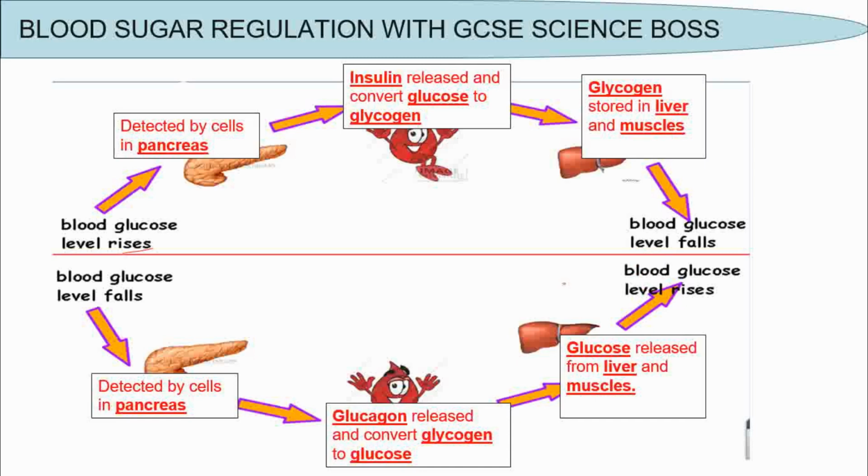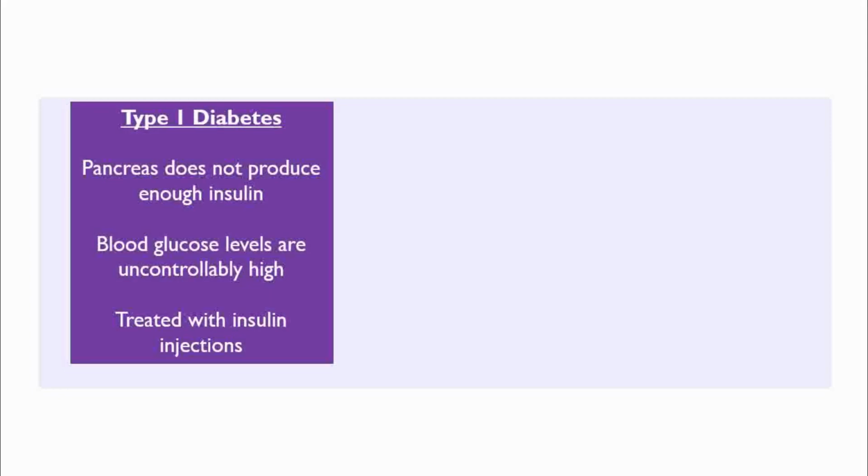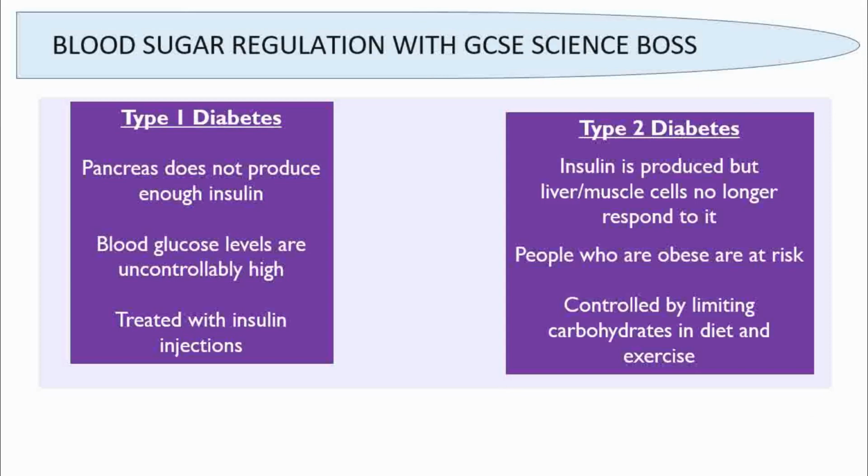However, there are instances where your body cannot regulate its blood sugar level, and that is called diabetes. There are two types of diabetes, type 1 and type 2. In type 1, your pancreas does not produce enough insulin, so your body cannot regulate its blood sugar level, and that is treated with insulin injection.